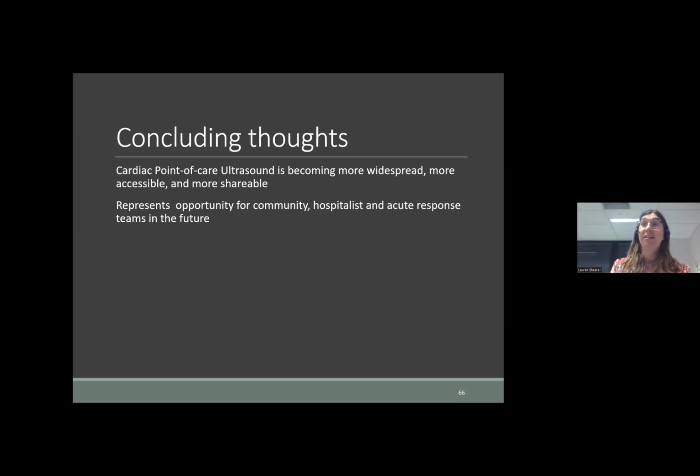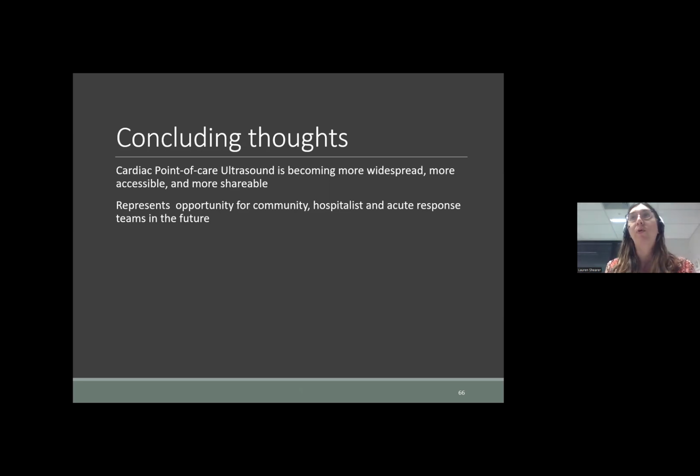So I do think that just the acquisition will in the future be an important skill for people to have when we're out in the community. And it does represent an opportunity for community, hospitalists and acute care responders in the future.